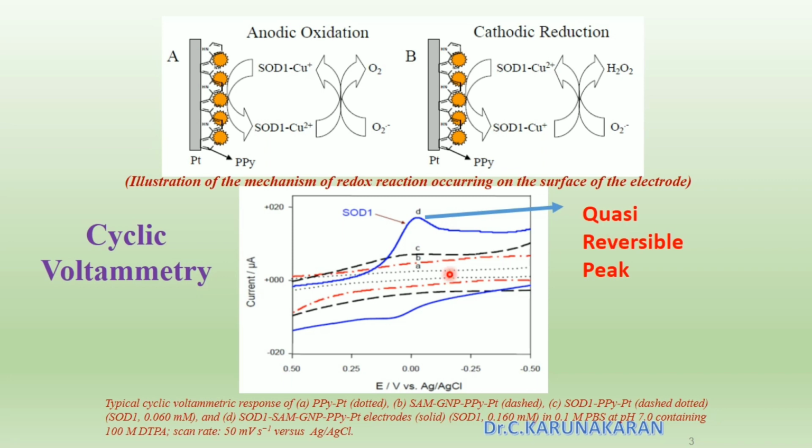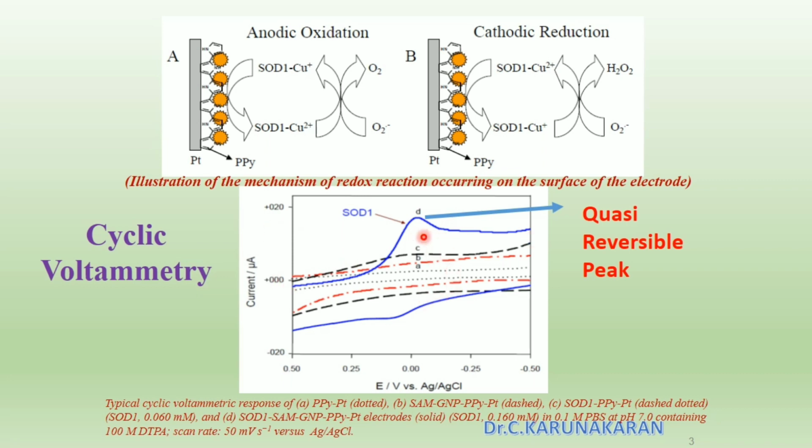You measure the current signal, whereas in optical spectroscopy you measure the absorbance of light by the analyte. Here the electric current is measured as current versus voltage. The voltage is swept from 0.5 to minus 0.5, and the current response is followed.